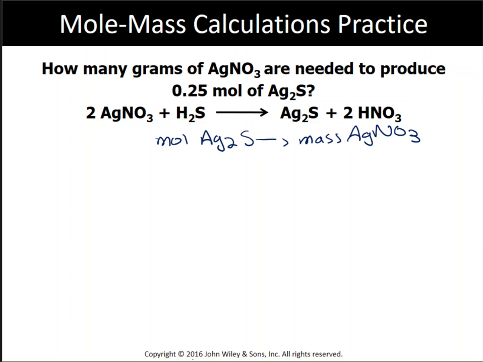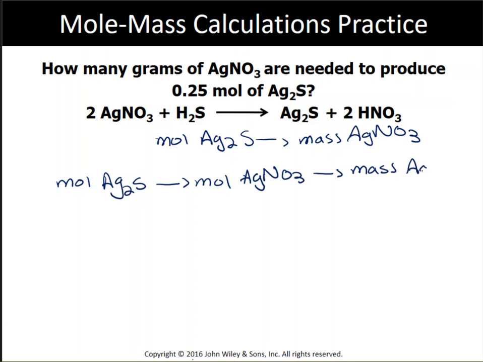So in order to find the mass of silver nitrate, we're going to need to have the moles of silver nitrate. So in order to solve this, we're going to have to find moles of silver nitrate first of all. And once we have moles of silver nitrate, we can find mass of silver nitrate.